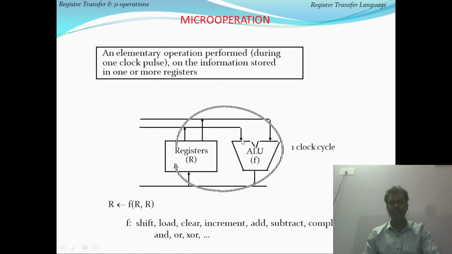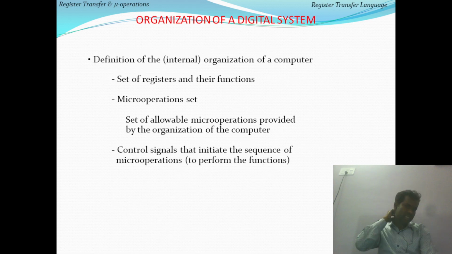So let's see how these micro operations are organized in a computer. We should know the set of registers and functions for a given processor. The micro operation set means the set of micro operations allowed by the computer.